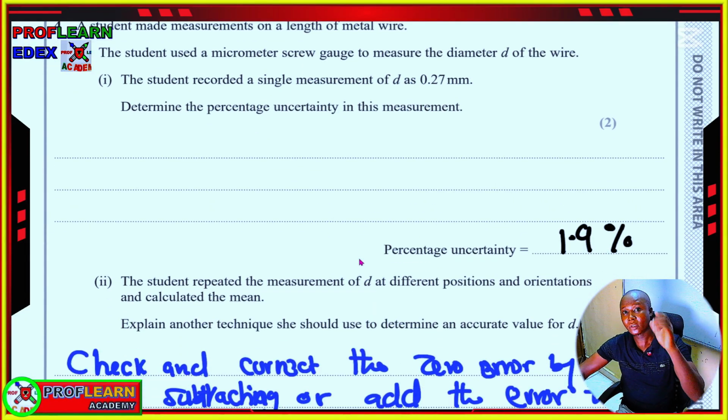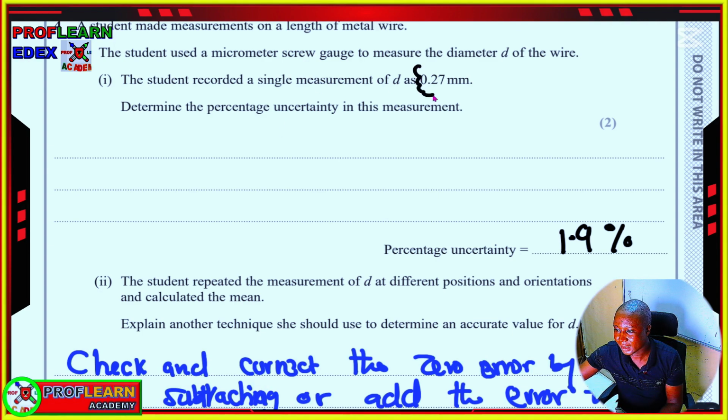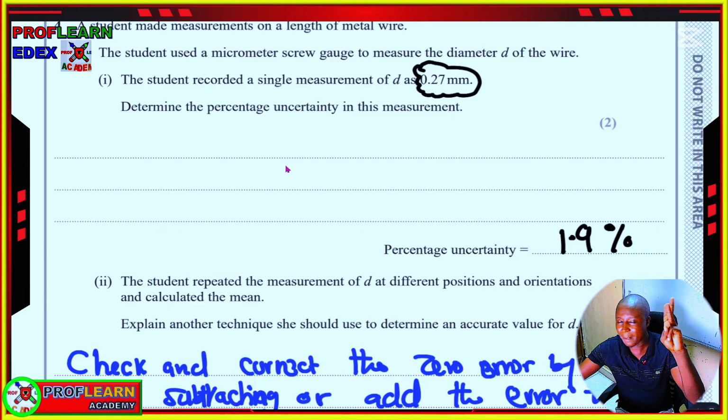In the question where we have just worked out uncertainty, we were given a number of values, then you were supposed to work out the mean, then find the range, and use the range to find the uncertainty. But when you are given a single data like this, the approach is different, and these two questions must be in a paper where you are given about 3 data.